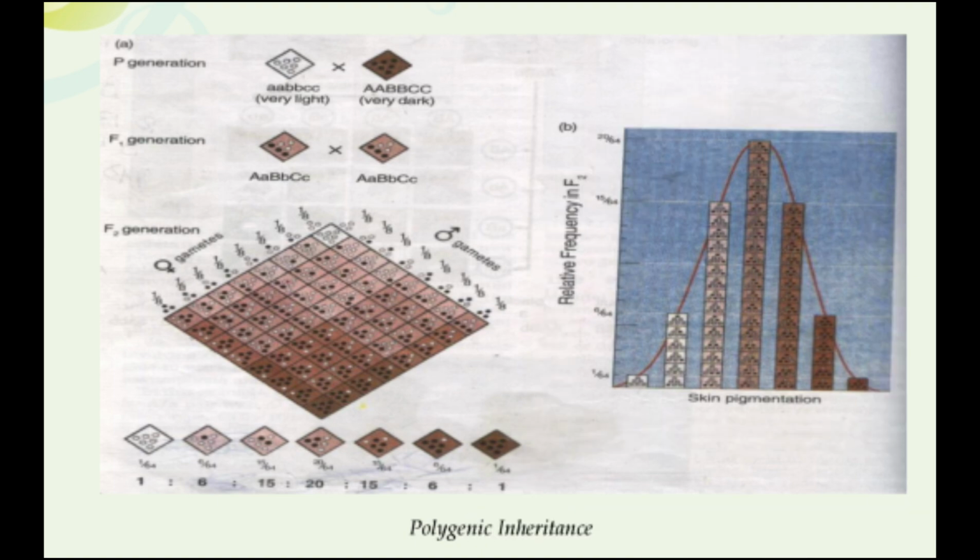We can see the expression level of the phenotype is dependent upon the number of contributing alleles, and hence it is more quantitative. This cross depicts the inheritance of human skin color, controlled by polygenes. The relative frequency of progeny of the polygenic cross is plotted against the extent of phenotypic expression, and a typical bell-shaped curve is obtained.